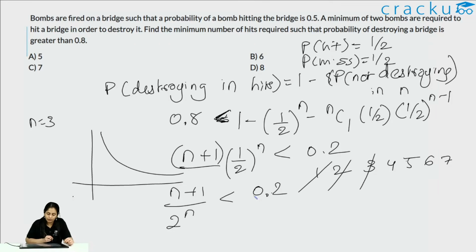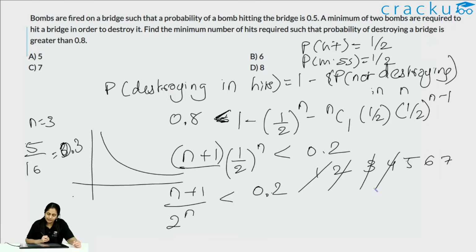At n equal to 4 it will be 5 divided by 16, which is 0.3 something. So it is not less than 0.2. So I can eliminate it. Even n equal to 4 is not the case.